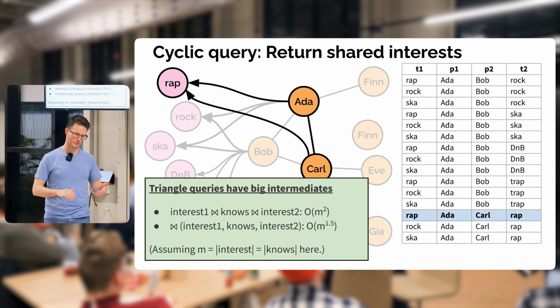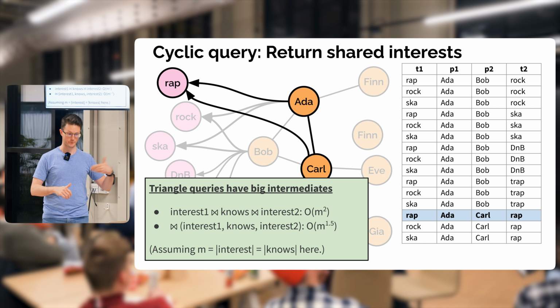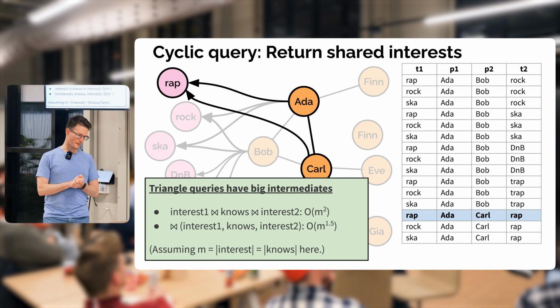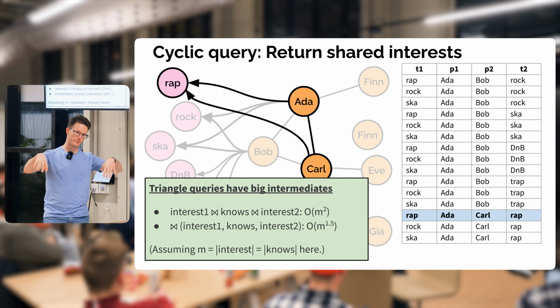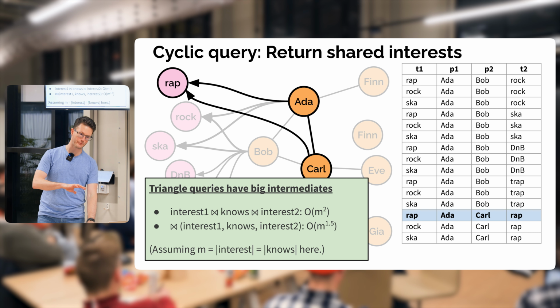So your Teradata will blow up, your Snowflake will blow up, your DuckDB will blow up. What we can do is something called a multi-way join, which actually reads from all tables, all 3 tables in here, and that brings it down from quadratic to m to the power of 1.5, and that makes all the difference. So this is something that graph databases can help with if you have this graph BI problem.